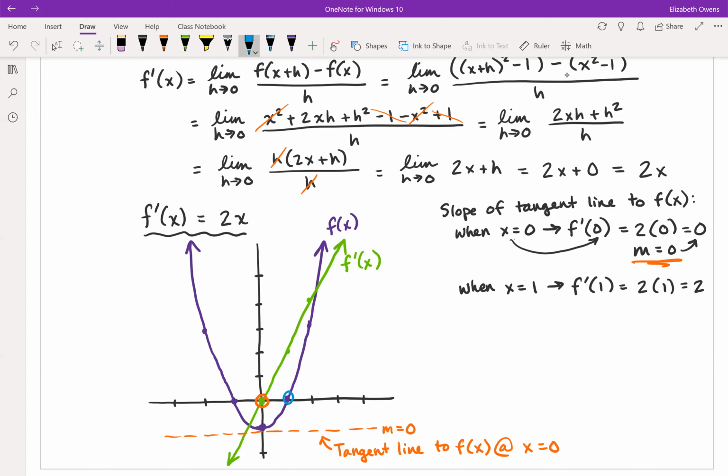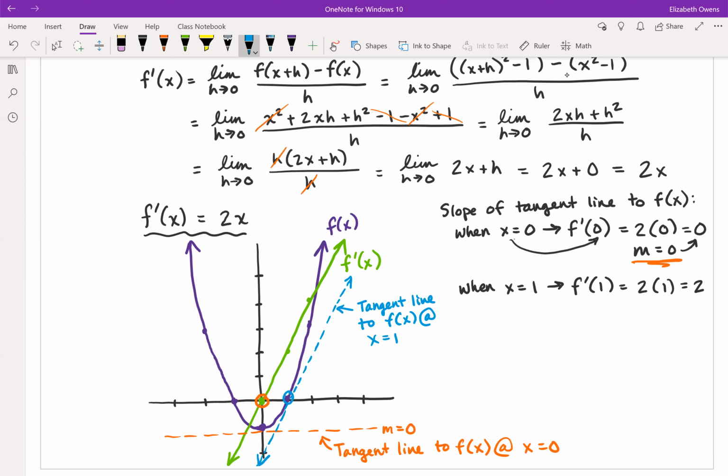If we want to look at the tangent line to that point on the purple parabola, the tangent line would look something like this. Now this is, let me label it, the tangent line to f of x at the point where x equals 1. And notice how we can actually tell the slope of that tangent line because it happens to be parallel to the derivative function.